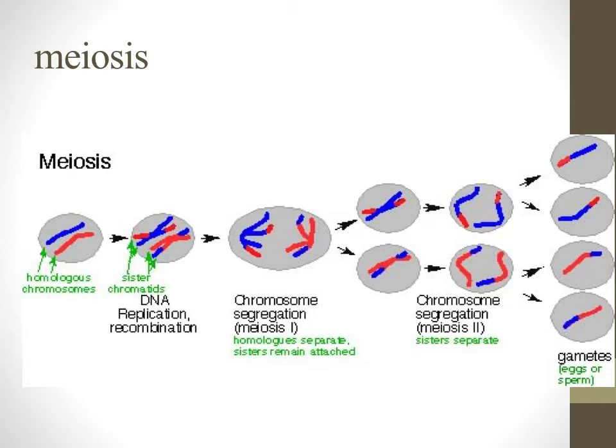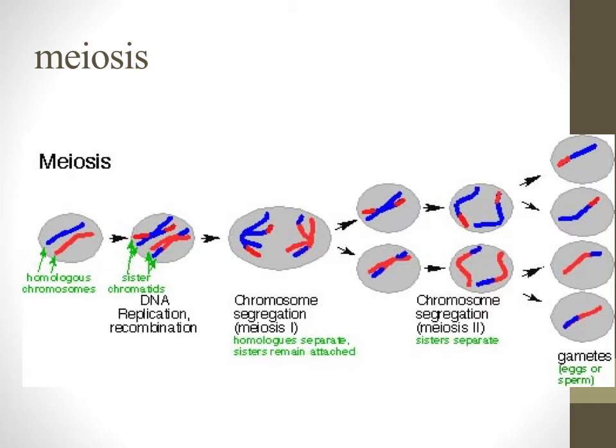Then what happens is as the cells divide, one half of the chromosomes go to one portion of the cell and the other half of the chromosomes go to the other portion of the cell. And then we end up getting two cells, each with one half of the genetic material. And that divides out again until we have one half of the genetic material in each of the gametes, which would be the eggs or the sperm cells.